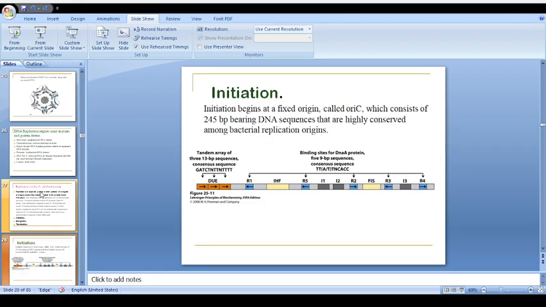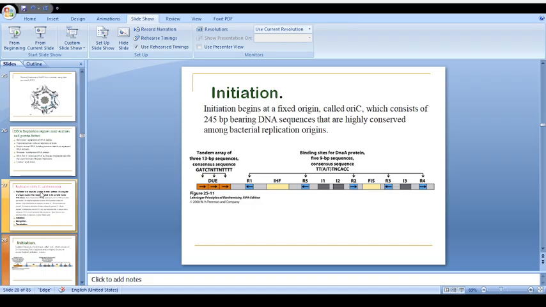This ori site is made up of 13 base pair repeats as well as 9 base pair repeats. Nearly 3 such 13 base pair repeats and 5 such 9 base pair repeats are found in the origin site. That is highly conserved in nature, and it is a consensus sequence, a repeated sequence.